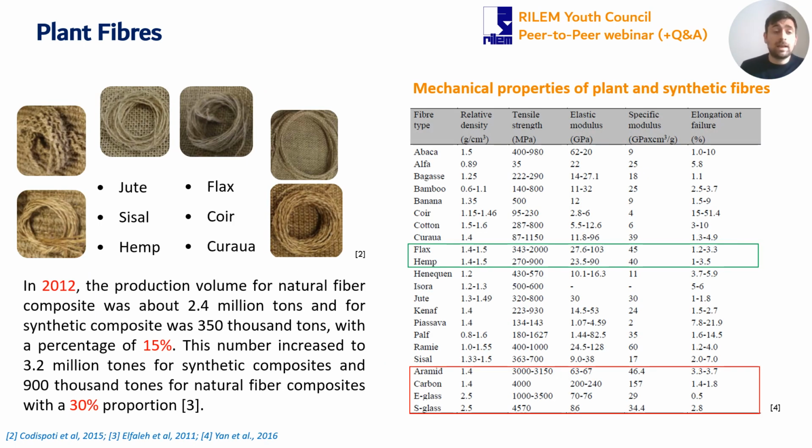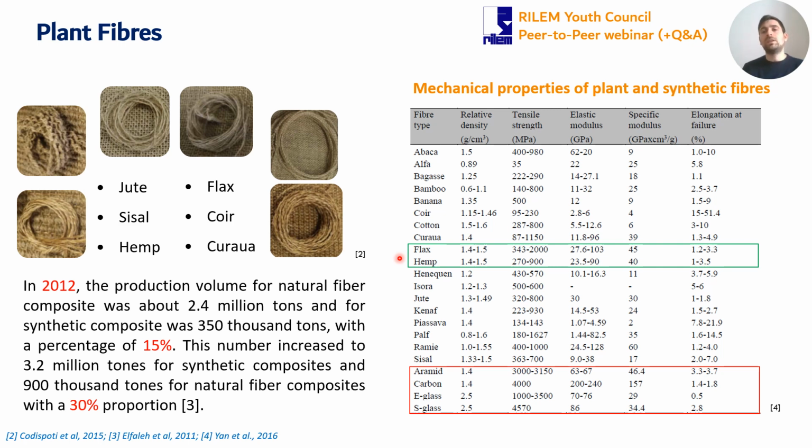We have several kinds of plant fibers that we can have in this class of materials, such as jute, sisal, hemp, flax, coir, kurawa. If we look at the main strength or mechanical properties of these fibers, for instance, by looking at flax and hemp, and comparing with more traditional ones, for instance carbon, the first thing that we can see is the high variability of values of plant fibers.